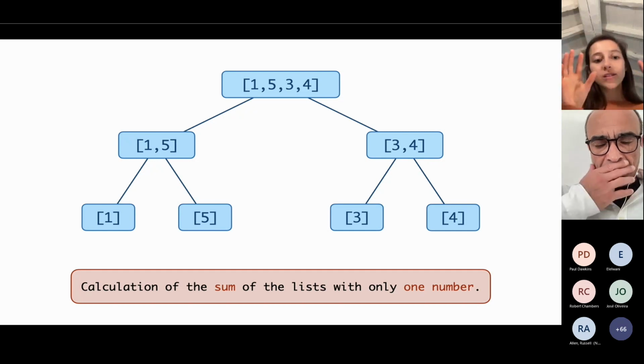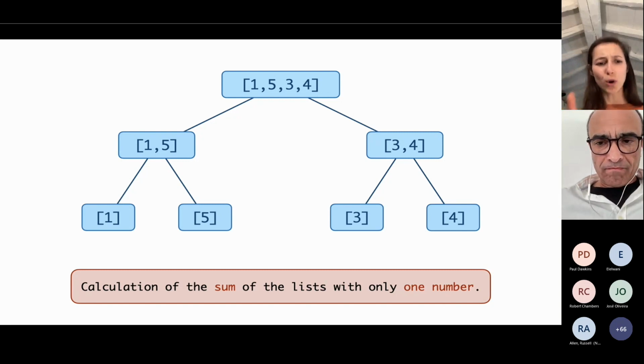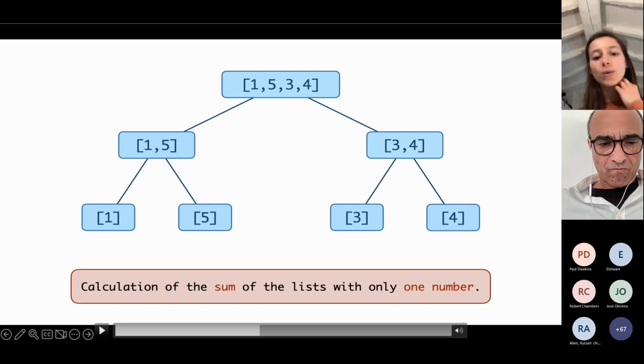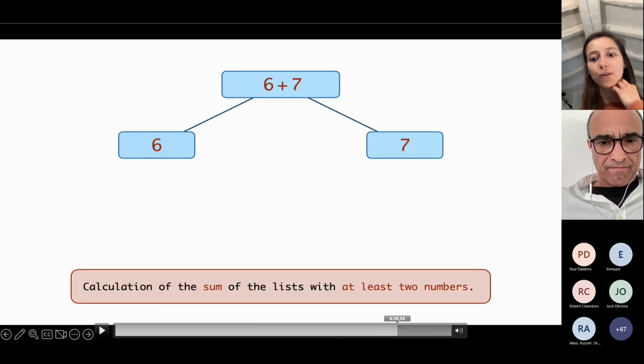And once we reach a stage where it is really straightforward to solve the problem, for instance, it's really straightforward to compute the sum of a list with a single number because it's just the number that's on the list. Once we reach that stage, we kind of go backwards, okay? And we climb up the tree and we will successively get the answers that we are looking for, okay?